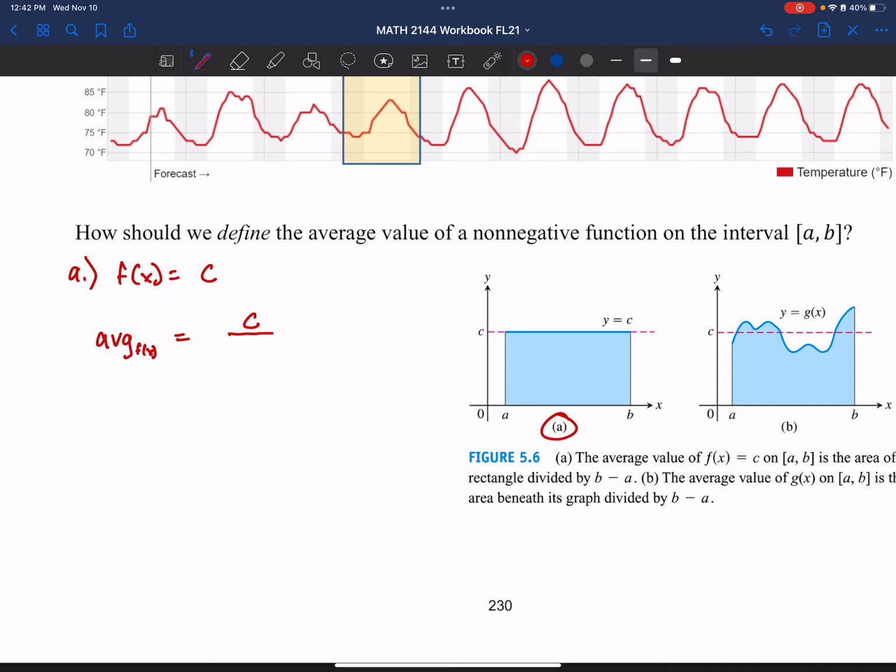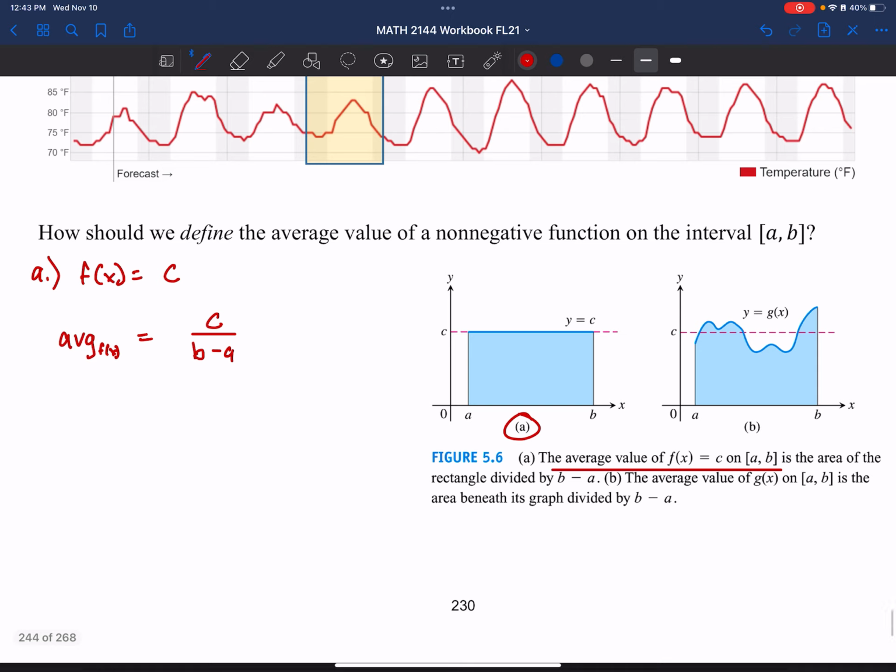So you take the area and divide it by the distance of the interval. That's what it's saying down here. The average value of a constant function on a to b is the area of the rectangle divided by the length of the interval.